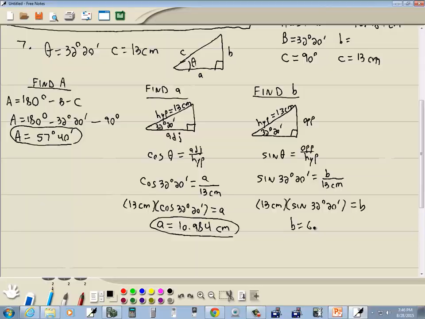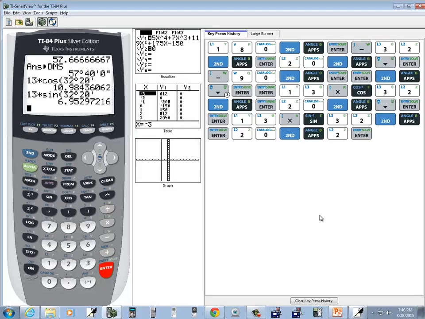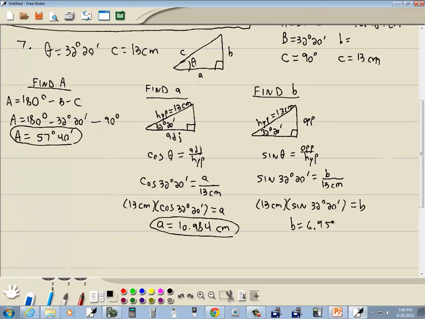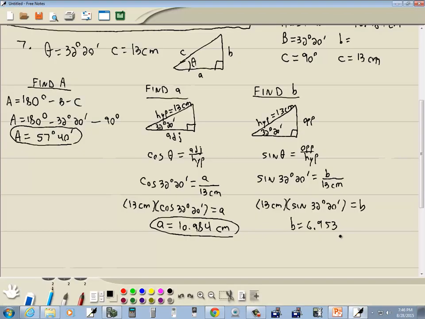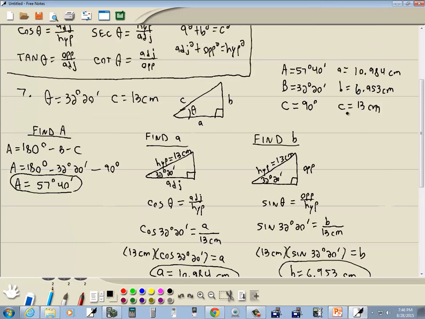So I got B is equal to 6.953. It was 952, but since this was 5 or greater, I rounded up and this became a 3. Centimeters. So we got 6.953 centimeters.